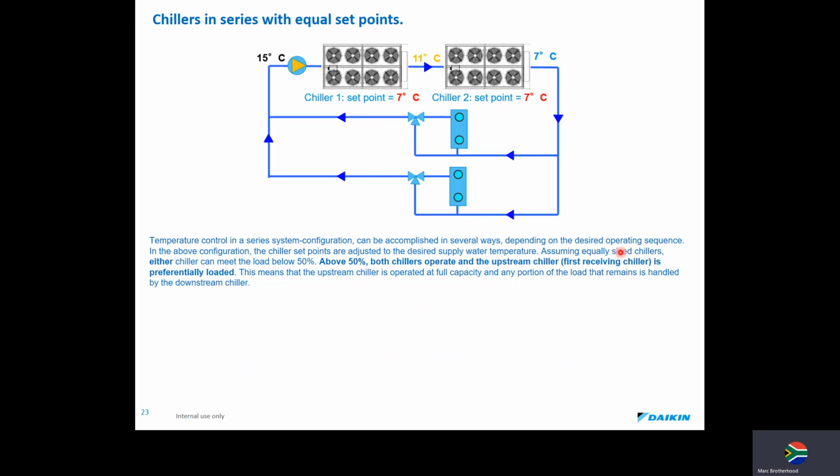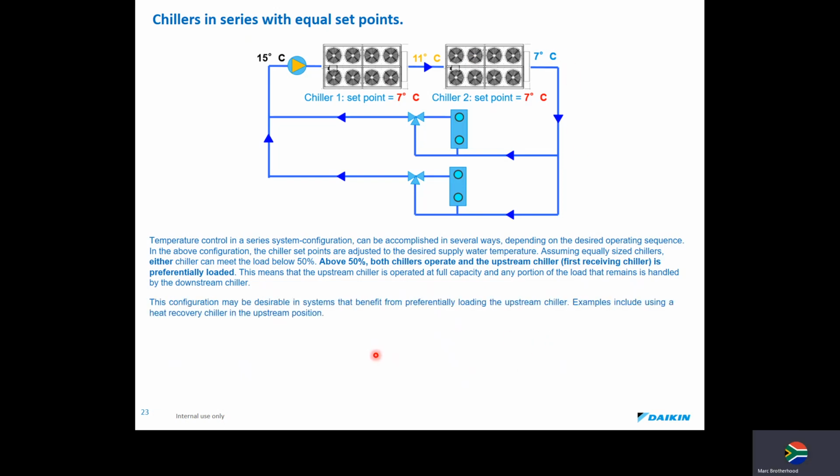Assuming equally sized chillers, and the keyword is equally sized chillers, either chiller can meet the load below 50%. Above 50%, both chillers operate, and the upstream chiller, which is the first receiving chiller, is preferentially loaded. This means that the upstream chiller is operated at full capacity and any portion of the load that remains is handled by the downstream chiller. So this chiller will run at 100%, and this will assist to bring the final water down to 7 degrees.